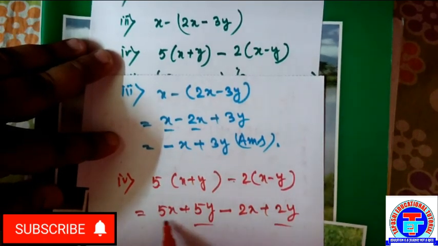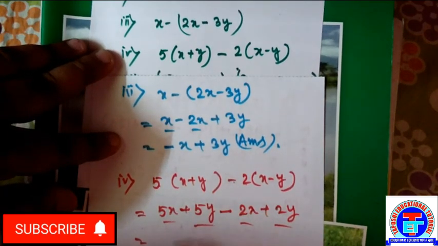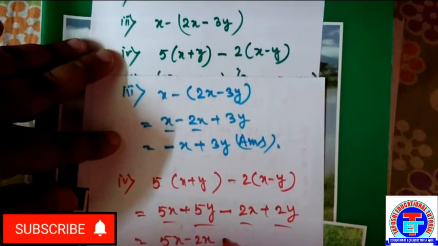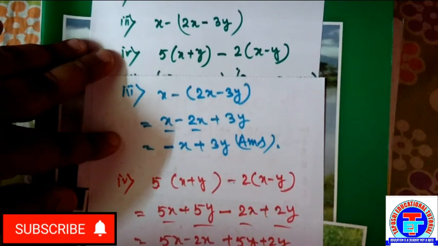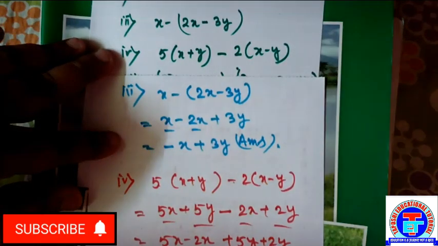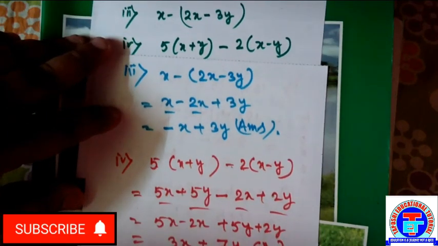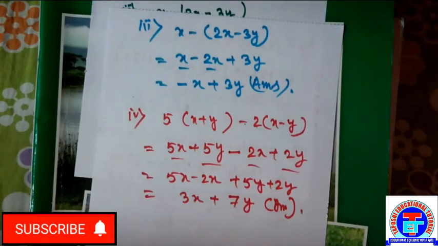These are like terms. We arrange them: 5x minus 2x, plus 5y plus 2y. So it will become 3x plus 7y. This is the answer. I hope you understand very well, right student?